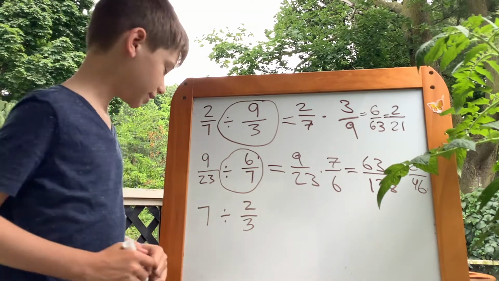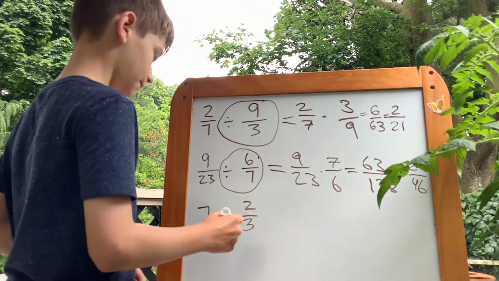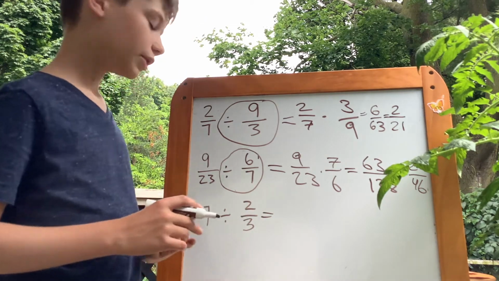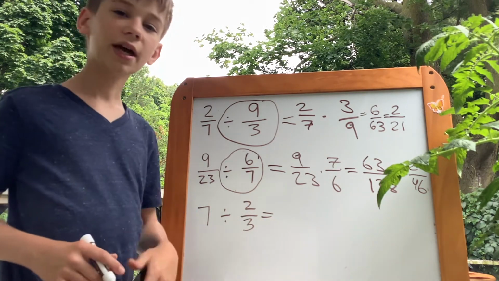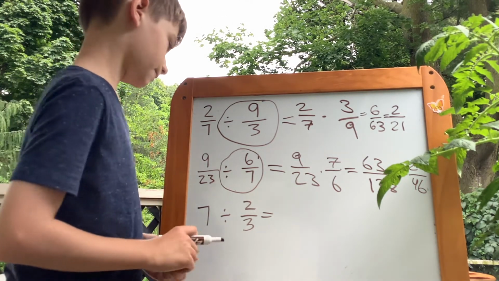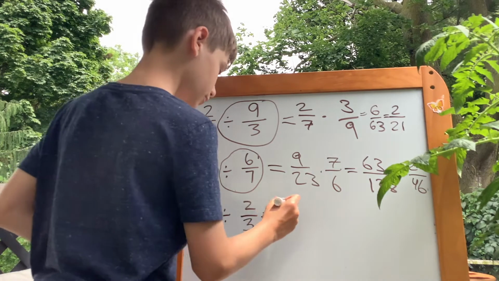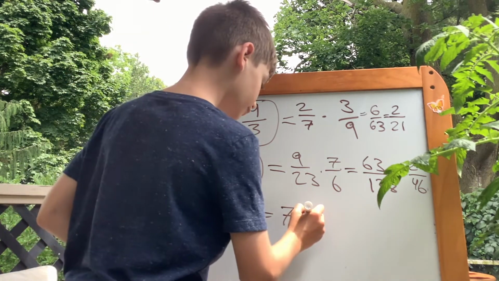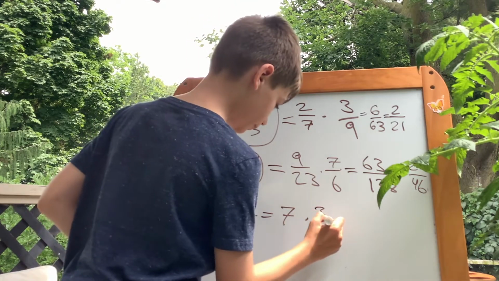Now for 7 divided by 2/3. The reason I chose this question is so we can deal with whole numbers and convert from an improper fraction to a mixed fraction. So what we're going to do is 7, and again we're just going to follow the same formula of multiplied by 3/2.